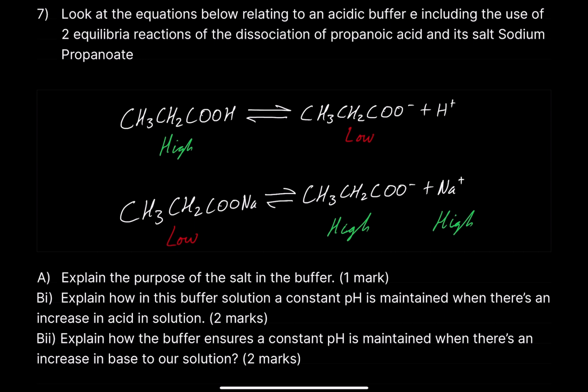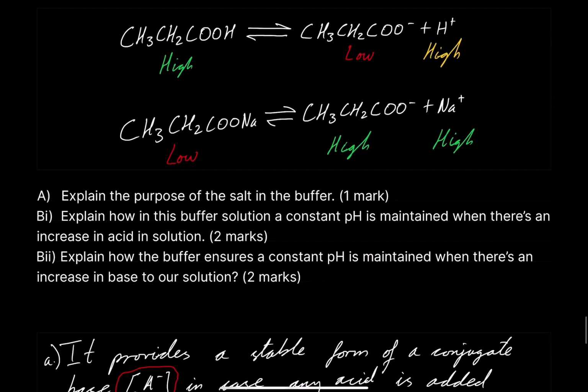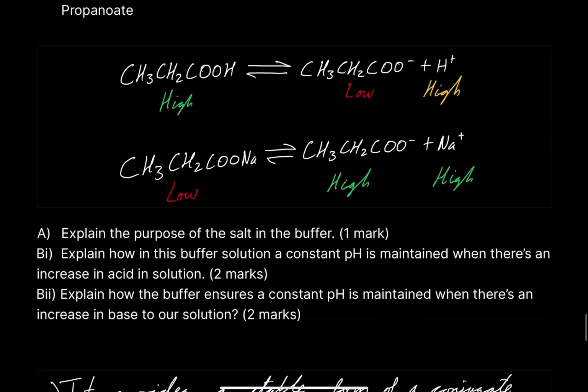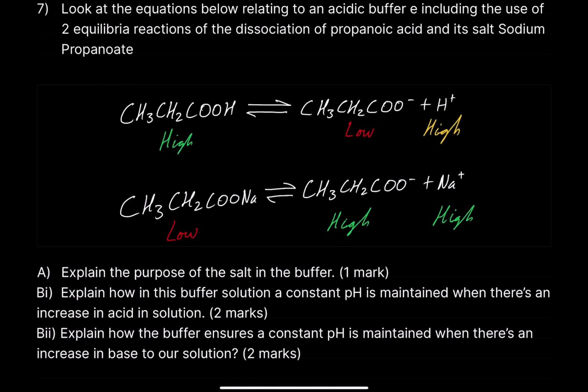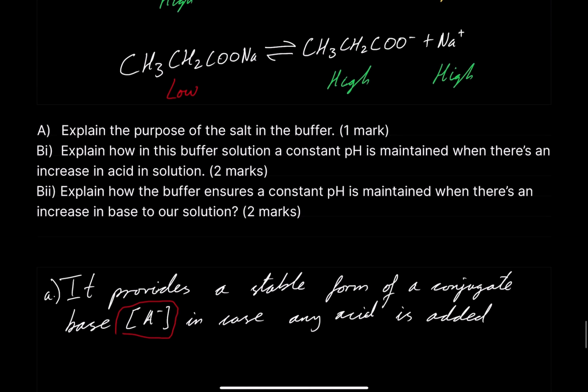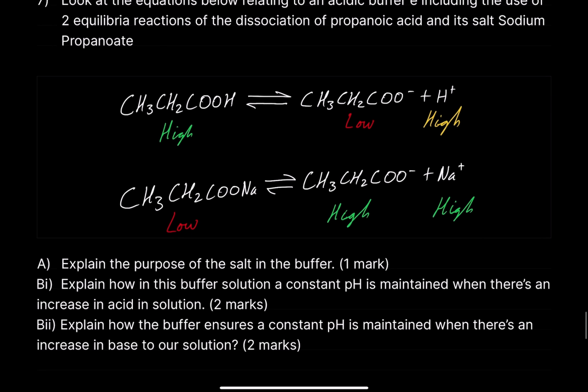It's now higher than we'd expect. So the first thing I say is that there's an increase in H plus concentration in our solution. I haven't got the mark scheme with me, but something along the lines of mentioning an increase in H plus concentration in our products.